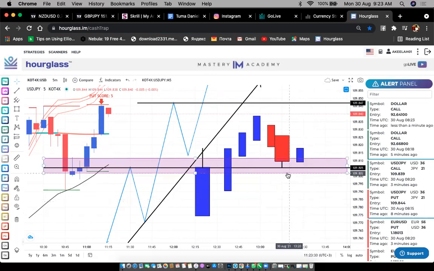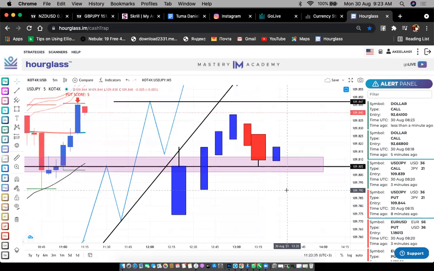How do you know the minutes you should take trades for? Now, if you are using Cashtrap, your trades should be 3 minutes. But if you follow Joshua Lee and Brandon Boyd properly, you know that there is a 3 candle rule.